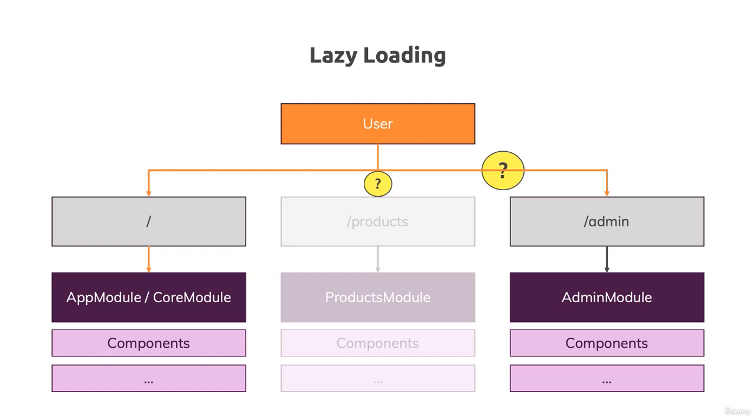And the effect or the advantage of this is that initially we download a smaller code bundle and we download more code when we need it, but initially our app is able to start faster because it has to download and parse less code on the first visit of a certain route. And that's the advantage. So let's now see how we do implement lazy loading in our app, and let's see its effect.